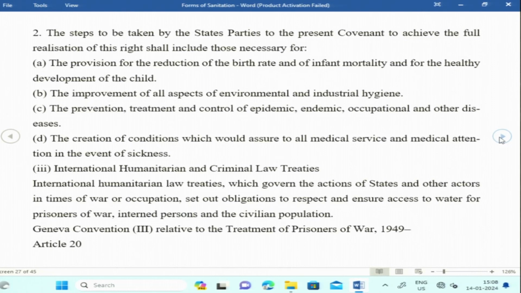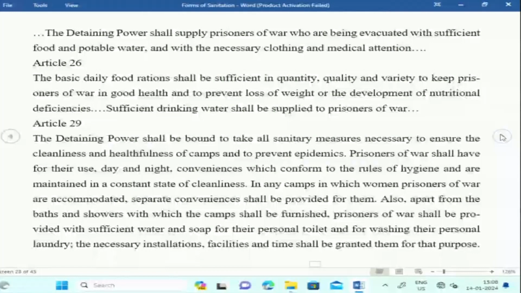Then I think we try to speak about Geneva Convention 3, which is basically relative to the treatment of prisoners of war, and that was implemented in 1949. And under Article 20, it says that the detaining power shall supply the prisoners of war who are being evacuated with sufficient food and potable water, and with the necessary clothing and medical attention.